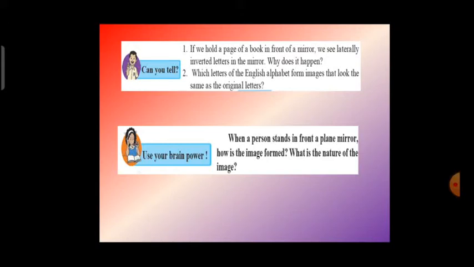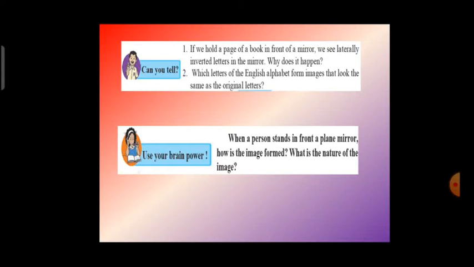Image of every point on the letters is formed behind the mirror at the same distance from the mirror as the point itself. This we have already seen. And this produces lateral inversion. Hence, we see laterally inverted letters in the mirror when we hold a page of a book in front of the mirror.